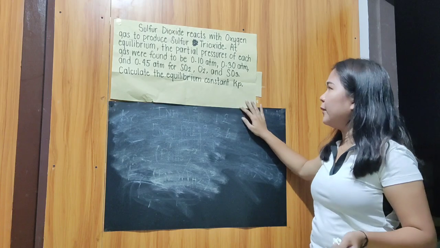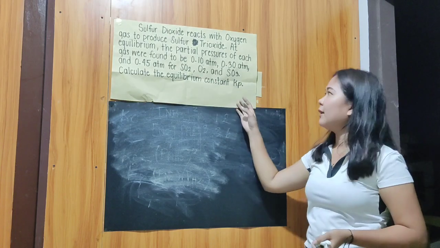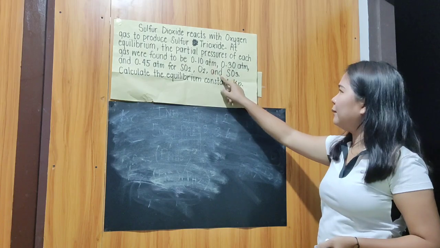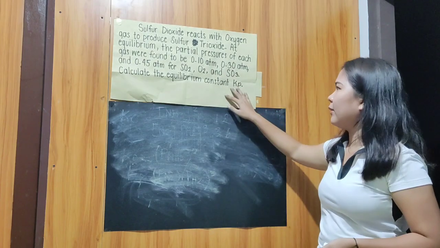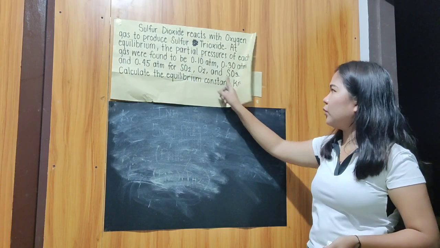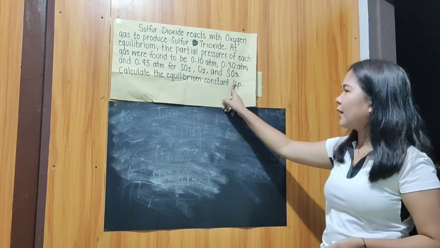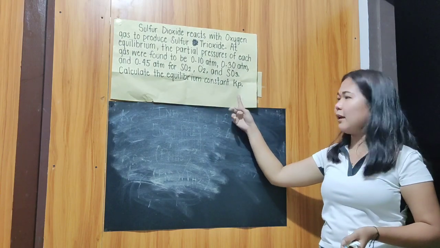At equilibrium, the partial pressures of each gas were found to be 0.10 atm, 0.30 atm, and 0.45 atm for SO2, O2, and SO3. So calculate the equilibrium constant Kp.